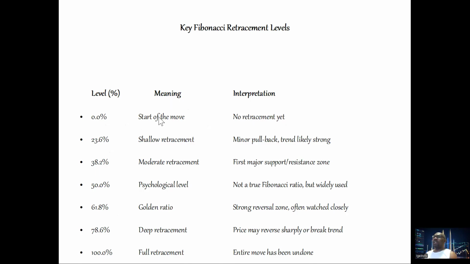Then by the time you see price coming down to 23.6, as it starts pushing below 0.0, that means the retracement has started. The first level that the price will get to as it's retracing is 23.6%.